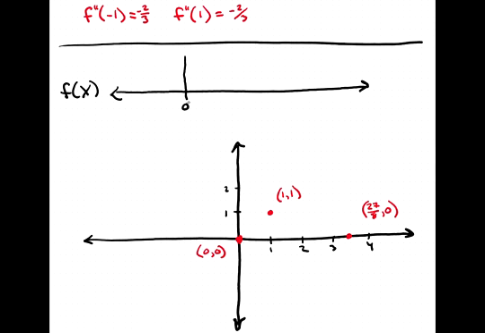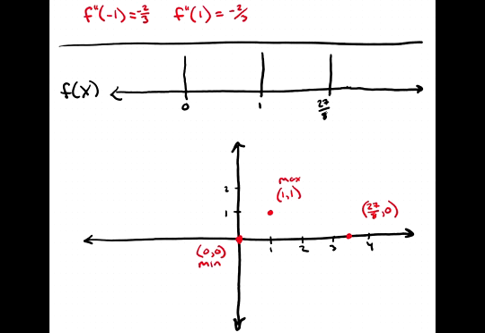What's the function doing between 0, 0, which is a minimum, and 1, 1, which is a maximum? And what's the function doing between that maximum and the x-intercept, 27/8? And then from that x-intercept off to infinity?